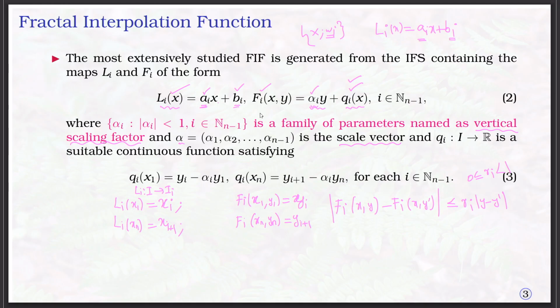Now, we have this form Fi, that means Fi of x comma y is defined as alpha i of y plus qi of x.